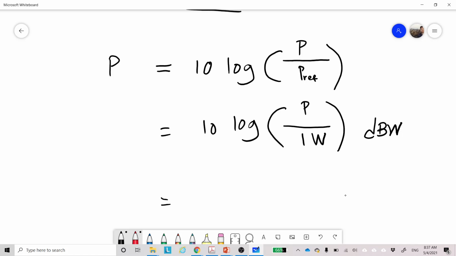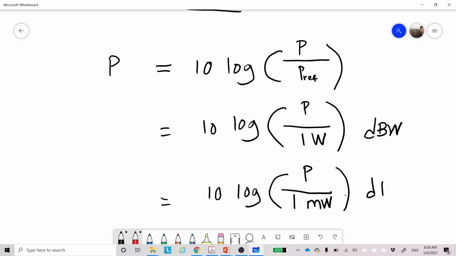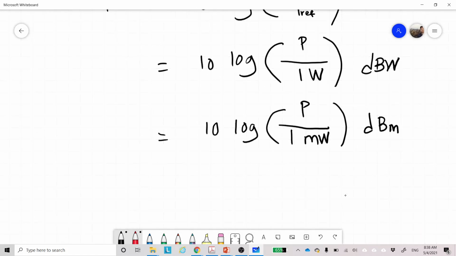Another thing is 10 log of power divided by 1 milliwatt. So I will get the value in terms of dBm, dB milli.